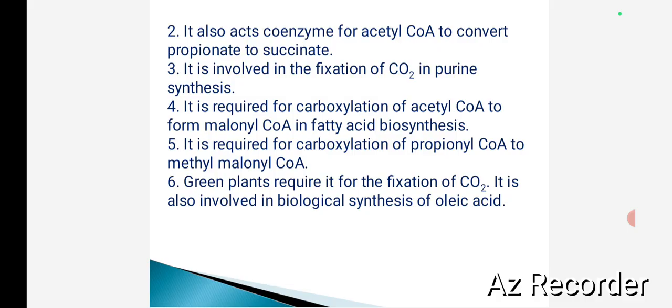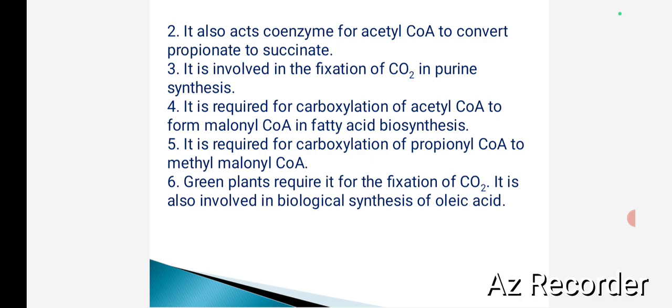Third example, it involves the fixation of carbon dioxide in purine synthesis. It is required for carboxylation of acetyl-CoA to form malonyl-CoA in fatty acid biosynthesis. It is also required for carboxylation of propionyl-CoA to methylmalonyl-CoA.